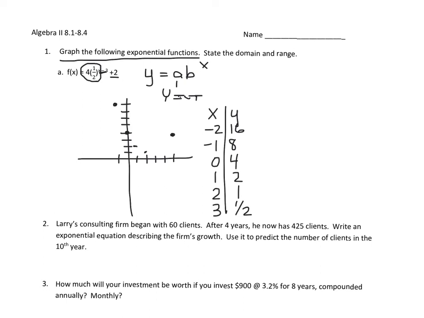The point (1, 2), I can move right 3 and up 2. The point (0, 4), I can move right 3 and up 2. And this graph is going to look like this, and it should get closer and closer to 2 on the y-axis.